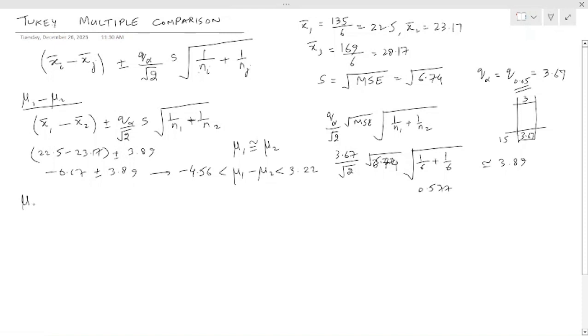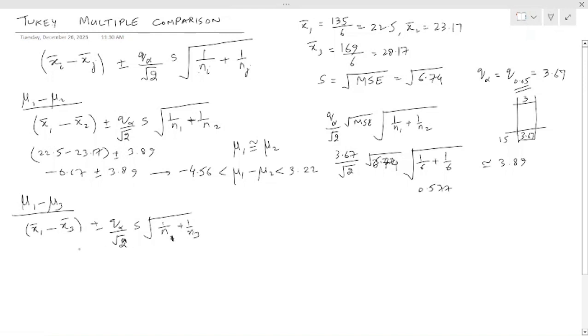Now, going for the comparison of mu1 versus mu3, we have to go for, in this case, the difference between x1 bar and x3 bar plus and minus the same thing. Formula remains same. N1 and N3 now.